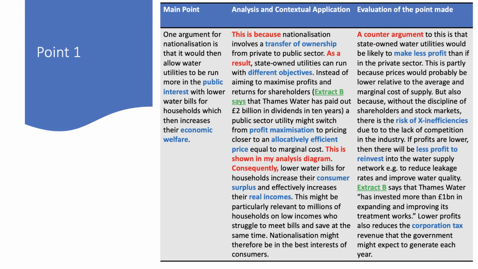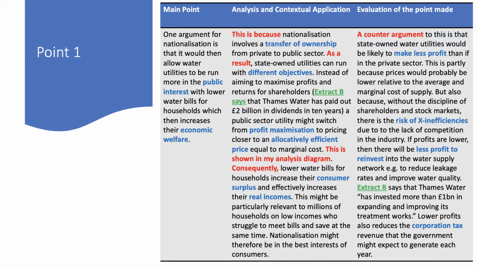How do you evaluate? Well, a good phrase to use is this one. A counter argument to this is that. So a counter argument is that a state-owned water business would make less profit, partly because prices would be lower, but also perhaps because if they don't have the discipline of the stock market or shareholders, there is the risk of X inefficiencies creeping in, extra costs due to the lack of competition.